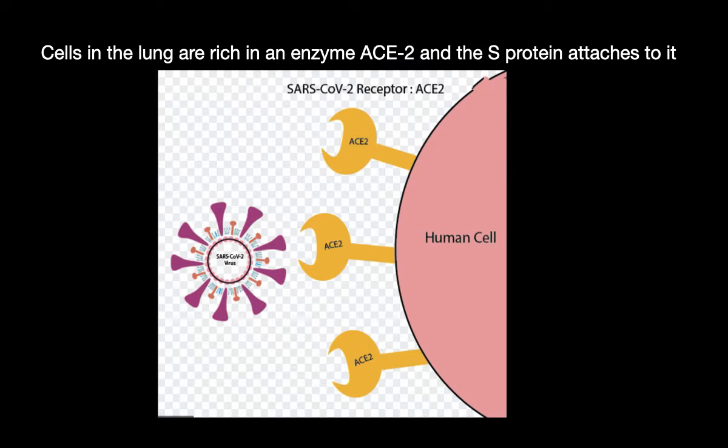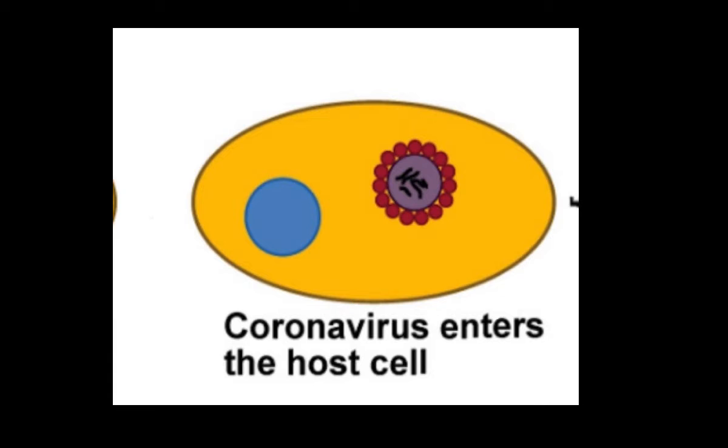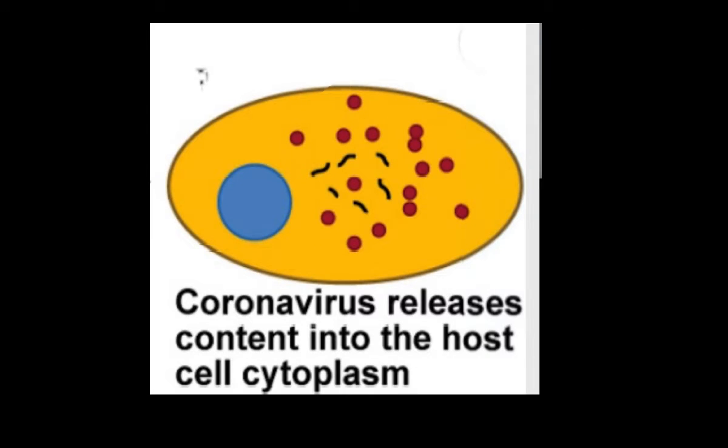There is a great affinity between the ACE2 enzyme and the S protein of the viral particles. Once the virus attaches itself to the cell, it then proceeds to enter the cell. Once it enters the cell, it releases its content into the cell cytoplasm.